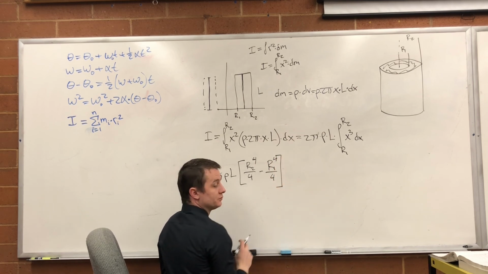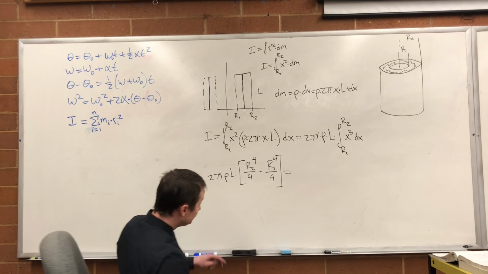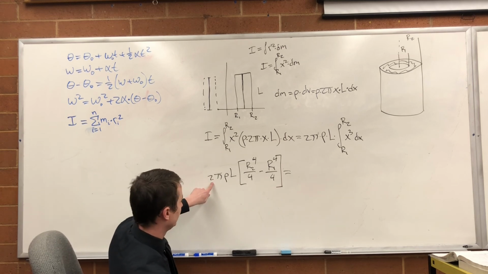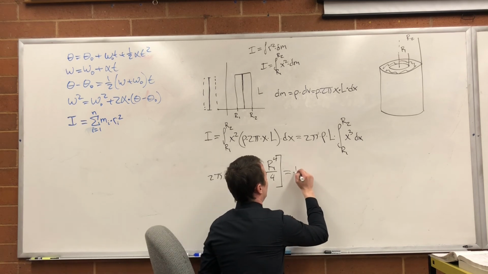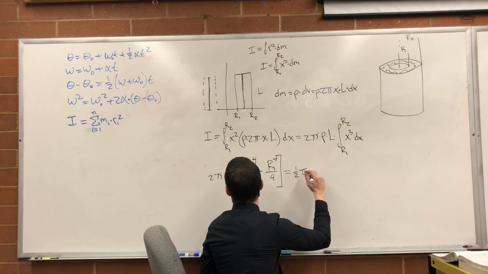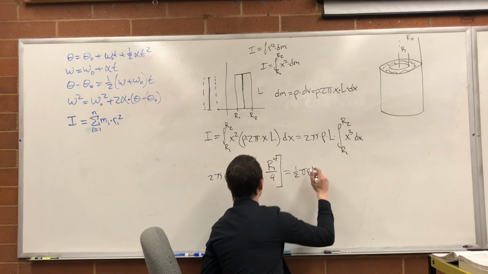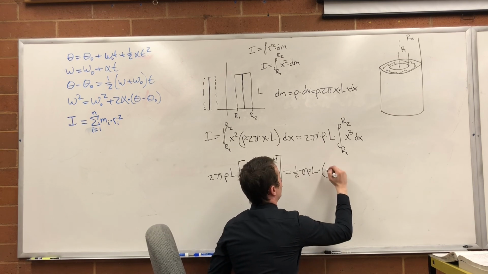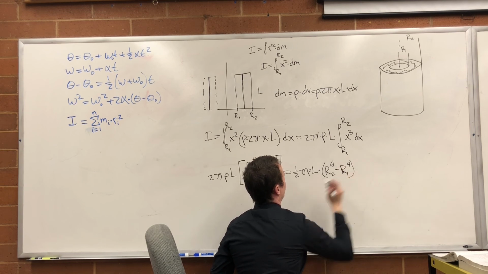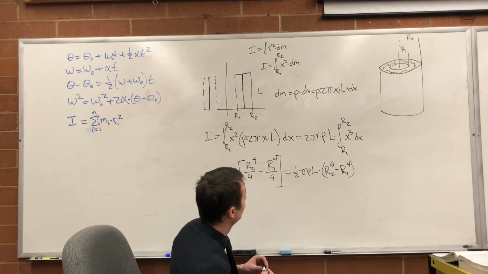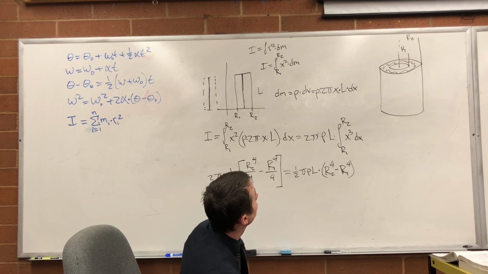Which is equal to, pull the 4's out, so that's going to replace it with the 1/2 out front. So we'll have 1/2 pi rho L times r2 to the 4 minus r1 to the 4. Did I do that right? Okay.